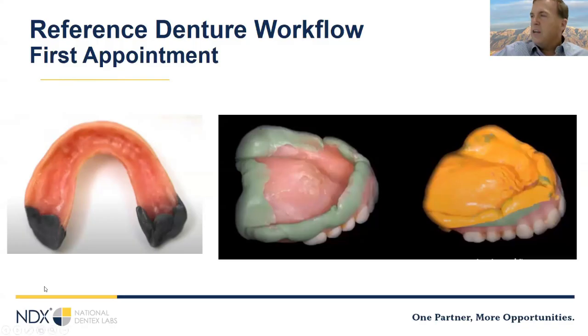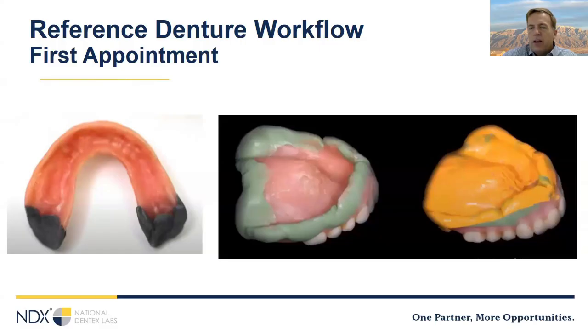With a reference denture workflow, you add any segments of border that are missing, and then you border mold with a heavy body material, and then you reline and do border molding one more time. So technically you're taking an analog impression. Make sure that you don't alter the patient's denture during this process so that there's not hard feelings between you, but you can put a little bit of impression adhesive inside here, and then you can just clean that out with IPA. So let's talk about how you do the border molding.